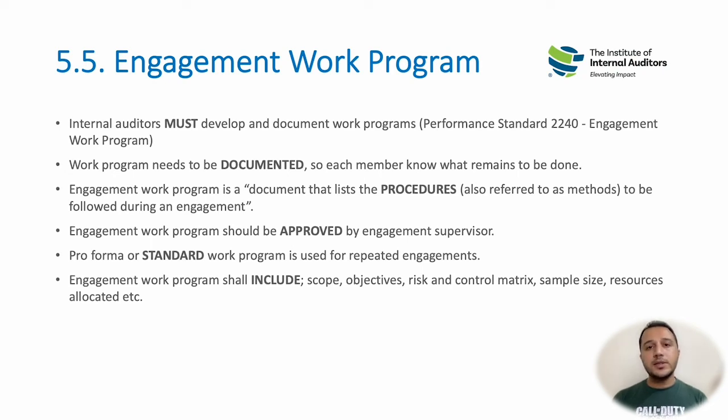The IIA says that we need to have a documented work program where we have the activity level, risks, controls, and the procedures that we will be performing, and it has to be documented, because the documentation gives us the assurance that the internal auditor has systematically performed the audit procedures and covered this much of the scope, and it's easy for quality assurance purposes as well.